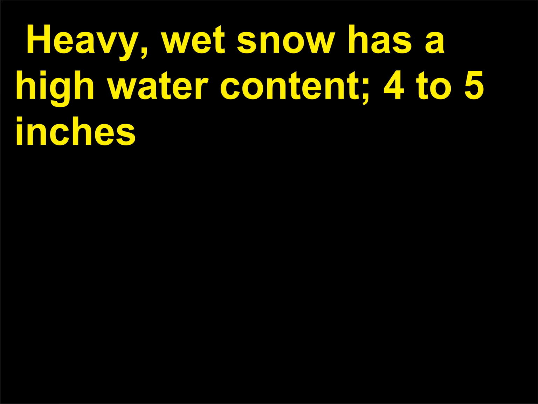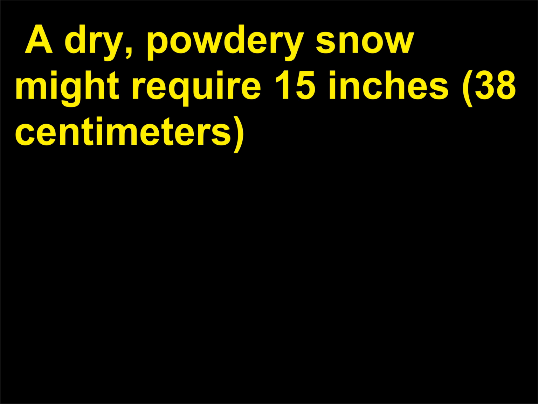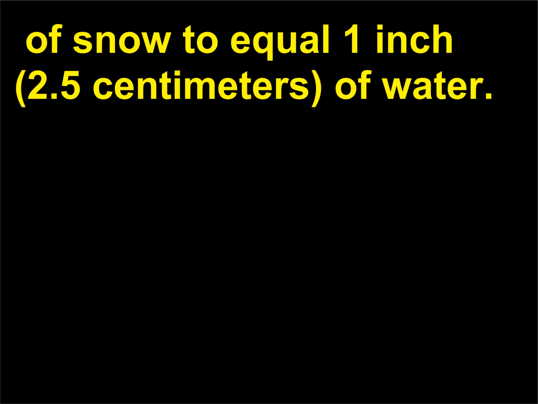Heavy, wet snow has a high water content, 4 to 5 inches, 10 to 12 centimeters, may contain 1 inch, 2.5 centimeters, of water. A dry, powdery snow might require 15 inches, 38 centimeters, of snow to equal 1 inch, 2.5 centimeters, of water.